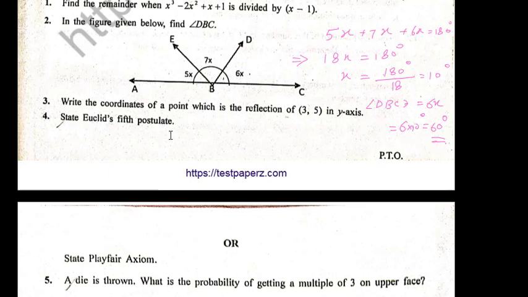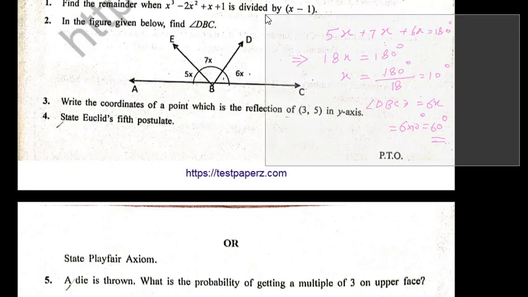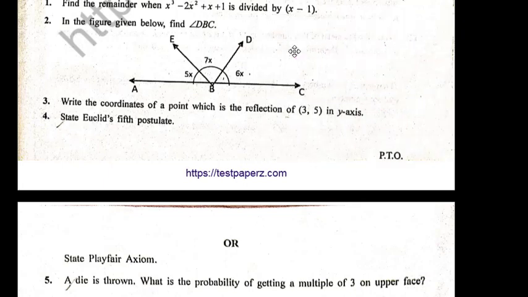Write the coordinates of the point which is the reflection of (3, 5) in the y axis. Reflection means, as you stand in front of a mirror, you find your reflection. Similarly, we can draw reflections in the coordinate plane also.